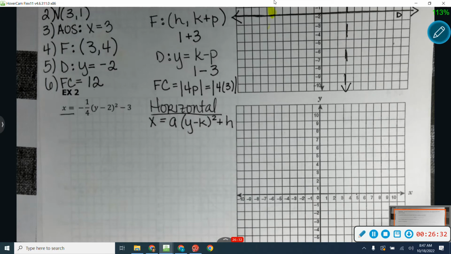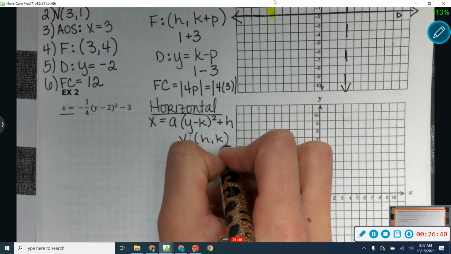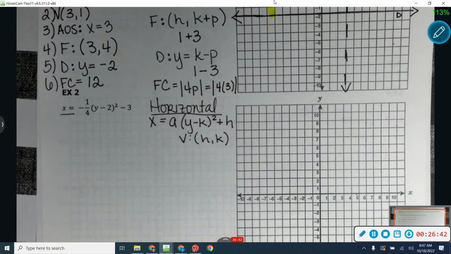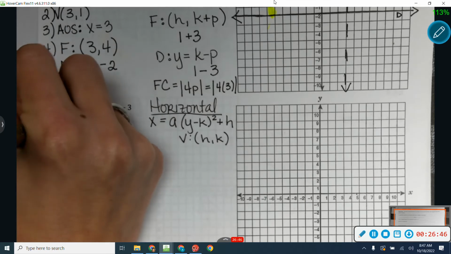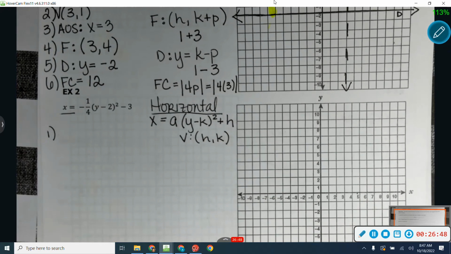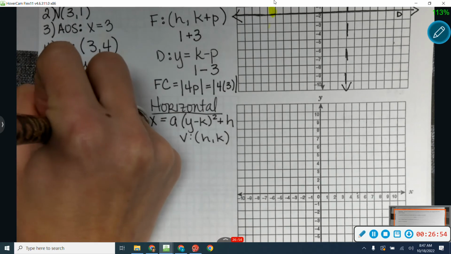So this is where you have to be careful with your vertex. Okay, because your vertex is still going to be h, k. So you have to understand you're flipping those values. Okay. So for starters, where's it going to open? If it's horizontal, I only have 2 options, left or right. This is negative, so it's going to open left.